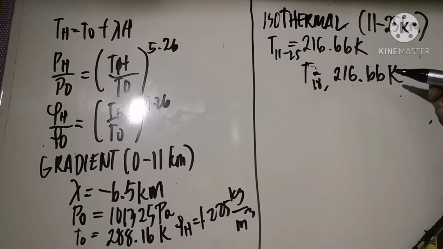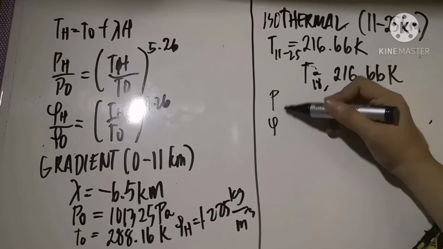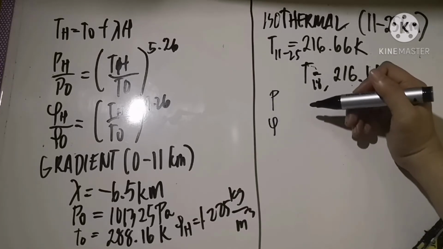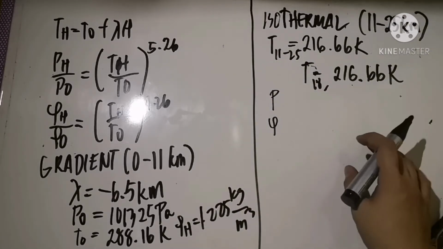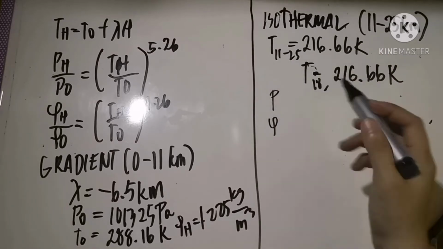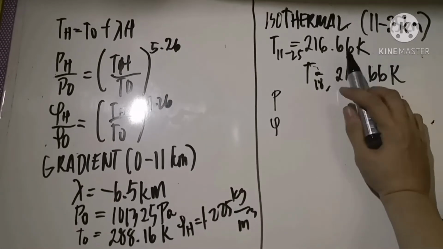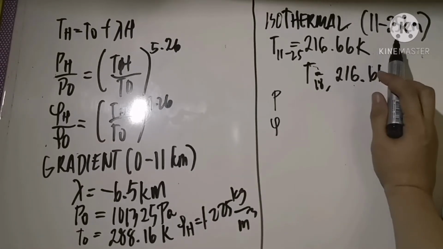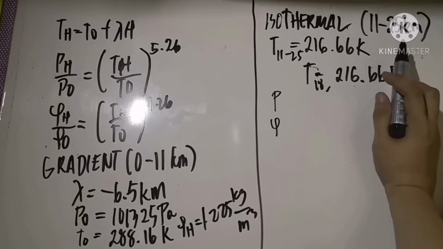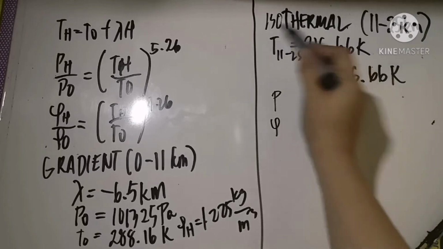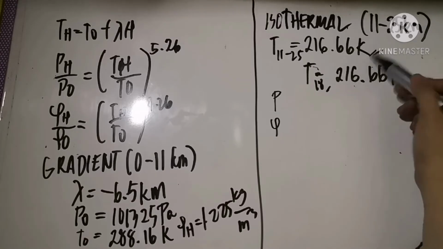So, next. Pero, your pressure and your density is not constant. Temperature lang. Actually, hindi naman talaga constant tong 216.66. Ano lang siya, super liit lang nung change ng temperature sa isothermal region. Kaya, kinonsider na constant siya na 216.66.